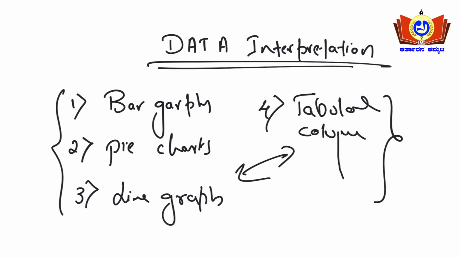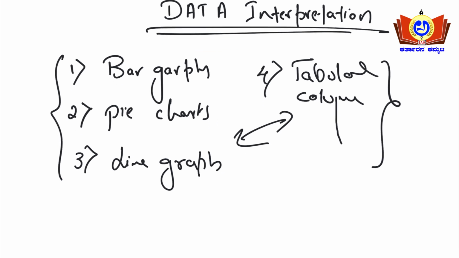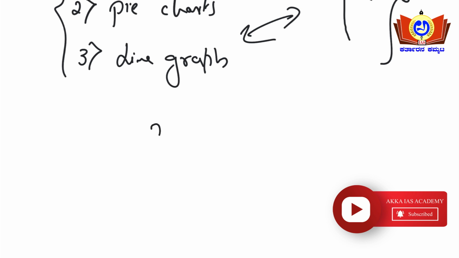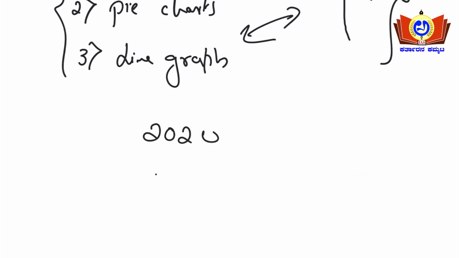For example, in a particular city in 2020 there was a population of 100, okay? In that 100, 70 were male and 30 were female. So in 2020 the population was 100 in city A, with 70 male and 30 female.